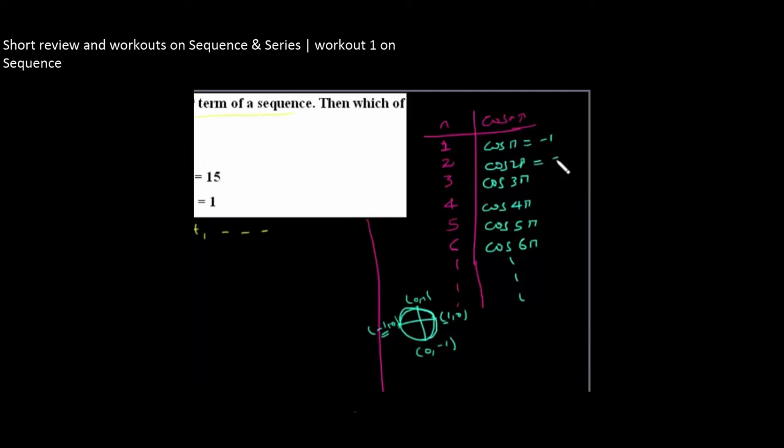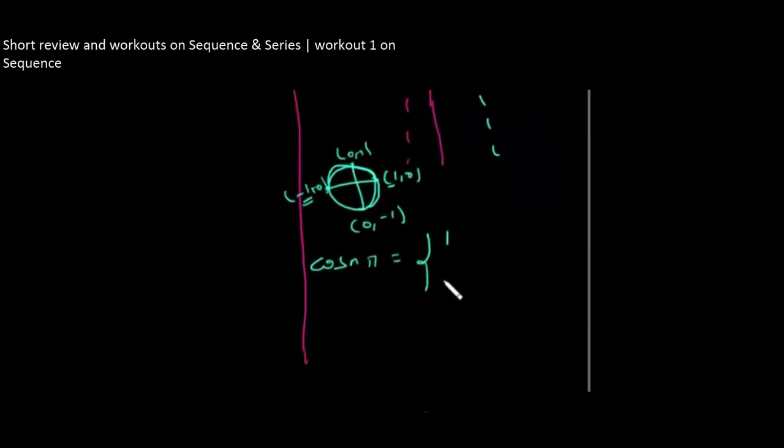Similarly, you can determine the values of cos 3 pi and cos 4 pi in the same way: this is minus 1, this is 1, this is minus 1, and this is 1. After we have obtained this result, you can see that the cos n pi values are either 1 or minus 1.